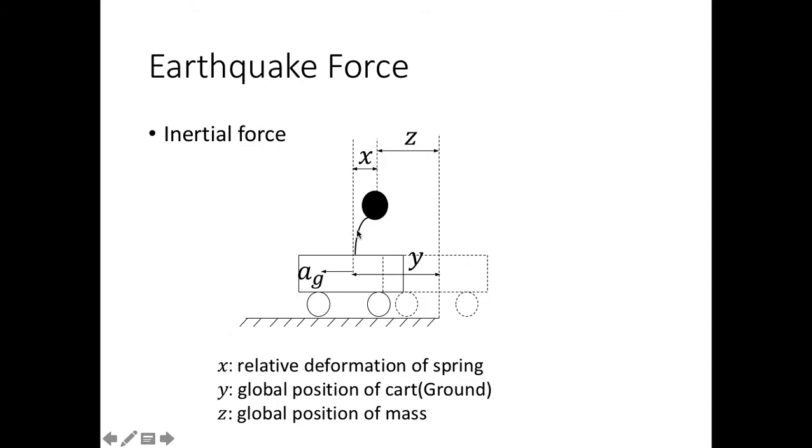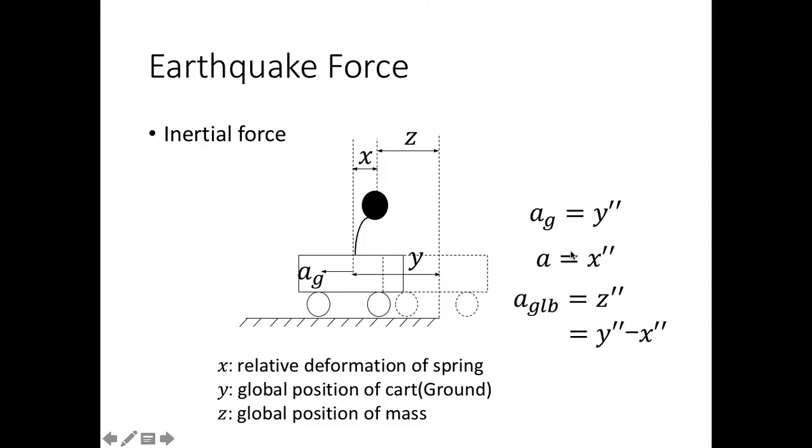We see the relative deformation of the structure itself is x, and the movement of the ground is y, and the absolute movement of the mass will be z, which equals y minus x. So likewise, the ground acceleration will be y's second time derivative, and the structure's relative acceleration will be the second derivative of x.